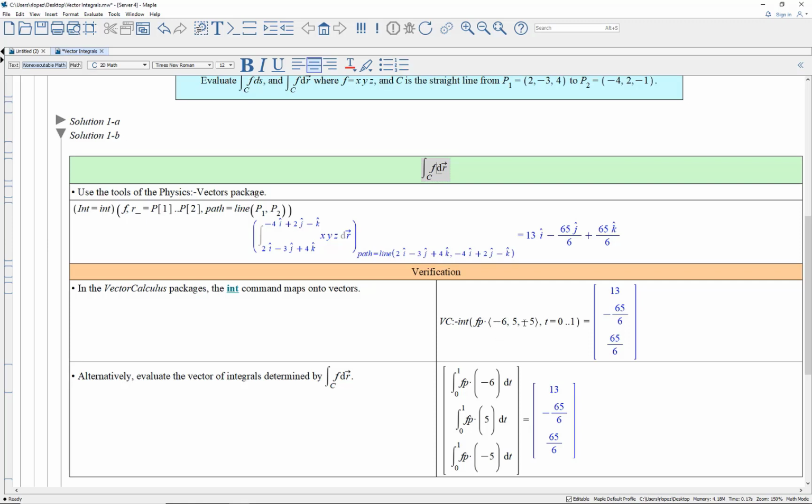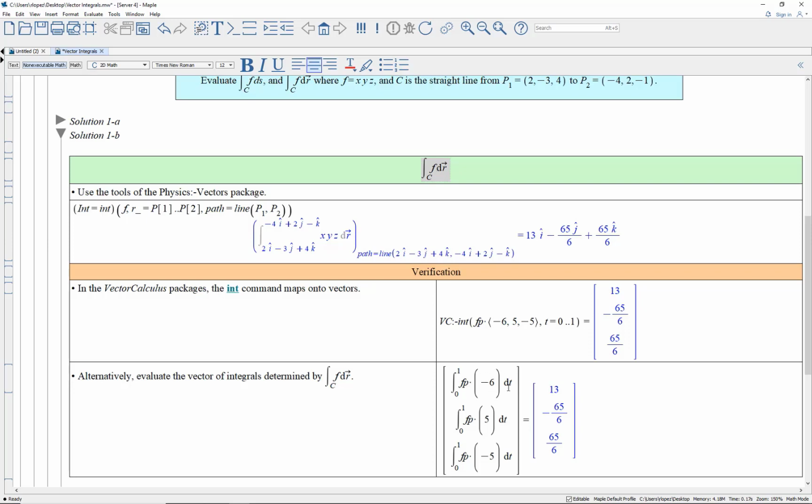This is the integration vector dr, right? Minus 6, 5, minus 5. And integrating 0 to 1, we get this vector of integrals and the coefficients match, which you see here from the physics vector command. And if you want to look at it as a vector of integrals, here is a vector, and I put 3 integrals. Here is the scalar.